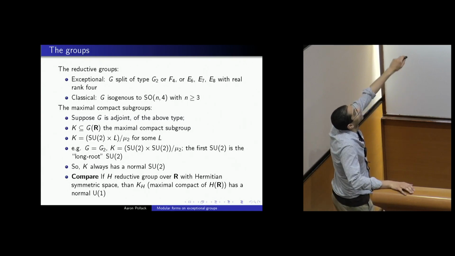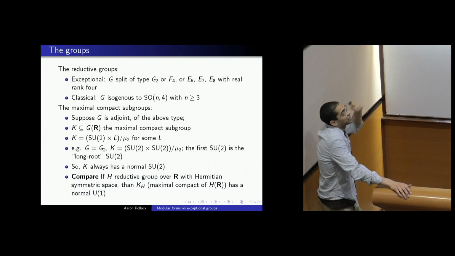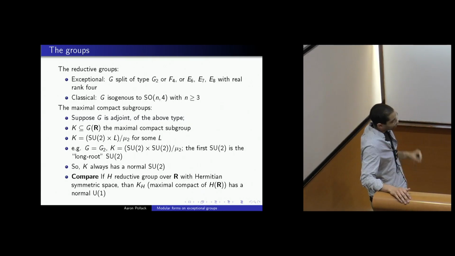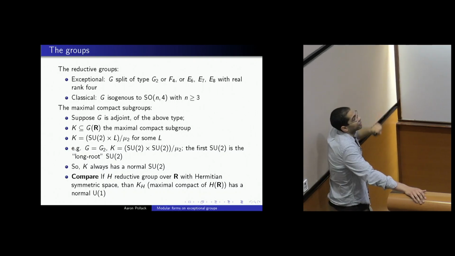Okay, so for all of these groups, take the adjoint form and the maximal compact subgroup K inside the real points. For all of these groups, the maximal compact is of the form SU2 times L mod some mu2. For example, in G2, the maximal compact is SU2 times SU2 mod mu2.